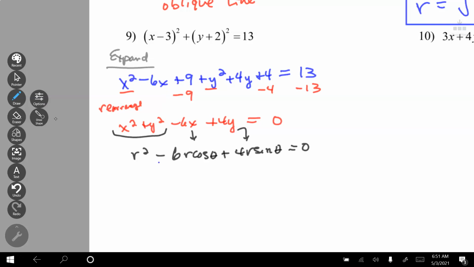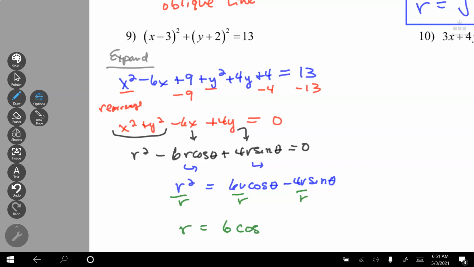I'm going to add these two over to the other side. r squared is equal to 6r cosine theta minus 4r sine theta. And since everything has an r in it, I can divide everything by r, and I get r is equal to 6 cosine theta minus 4 sine theta.